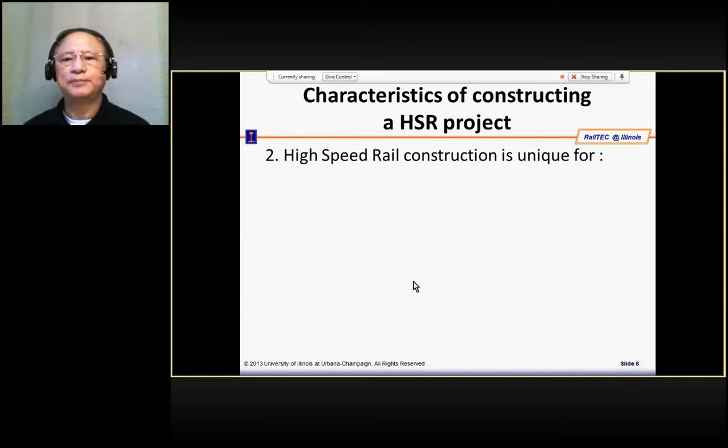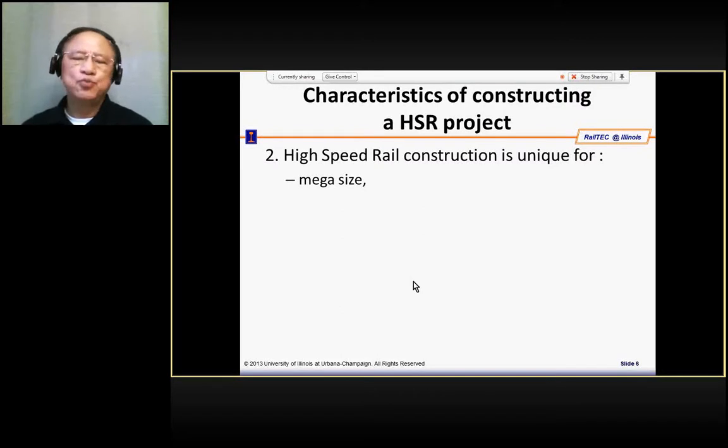Before we do that, maybe we should look at how the high-speed rail system is unique in its construction characteristics. What is high-speed rail system construction different from other systems? First of all, we can see that high-speed rail system is a mega system. A high-speed rail system usually includes considerable length of the project, otherwise the train cannot run at high speed.